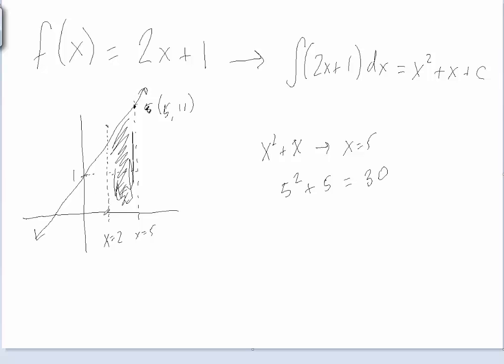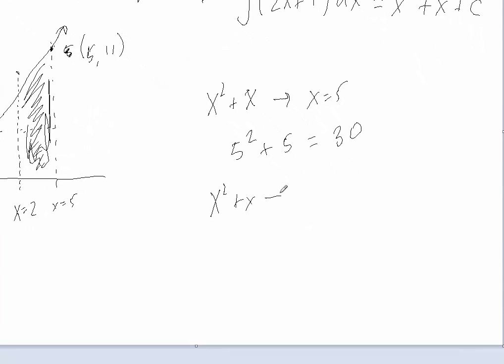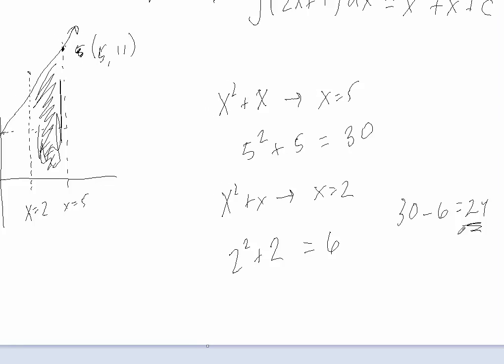Well, I don't want this area down here when x is less than 2. So the area under the graph between 2 and 0 would be, again, x squared plus x, or 2 squared plus 2. So we should get an area that's 24.